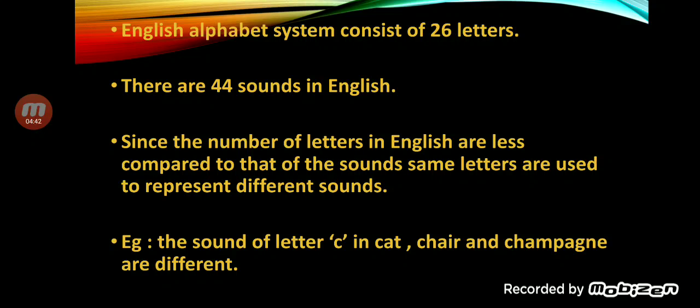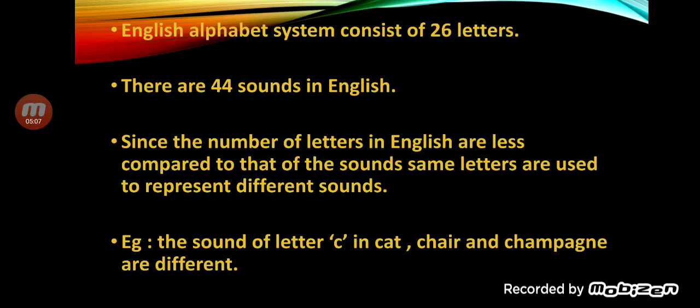For example, the sound of letter C is different. Like using letter C, you can produce different sounds. For example, cat. In C-A-T, the sound of the letter C is K, cat. In chair, CHAIR, the sound produced by the letter C is ch, chair.